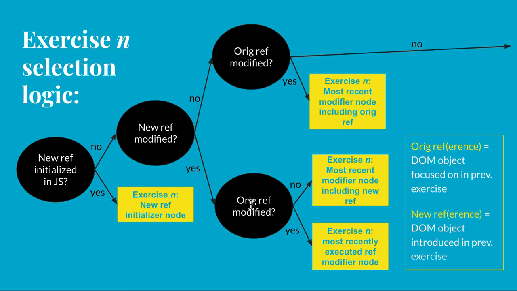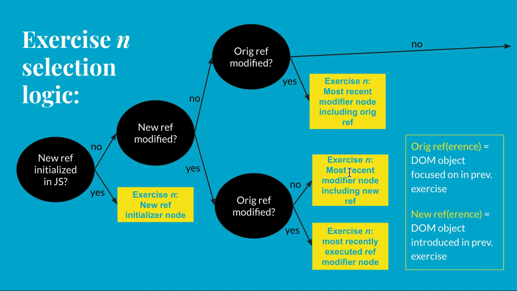So between all the nodes that modified both the original and the new reference, we're going to pick the one that executed most recently in the call stack. If not, our decision is easy: the next exercise is just the most recent modifier node that includes the new reference.